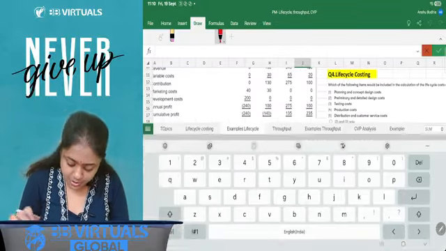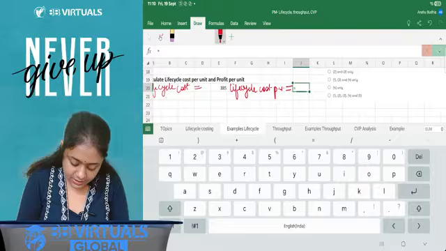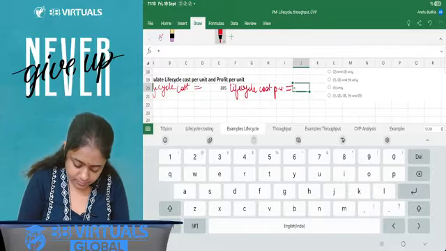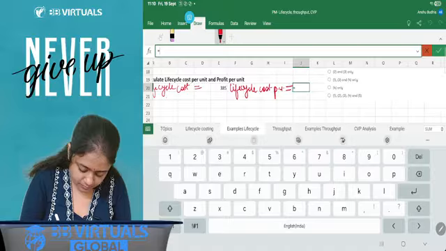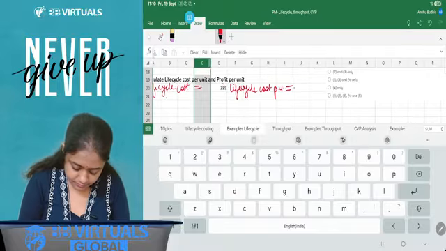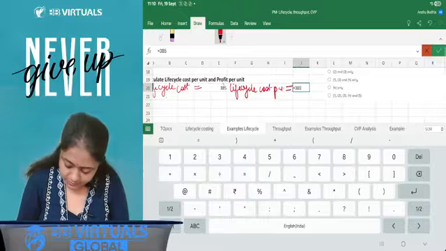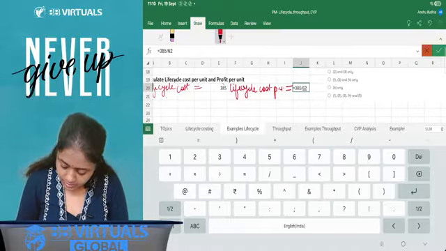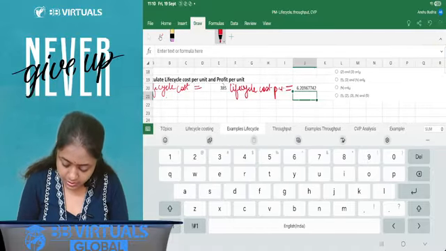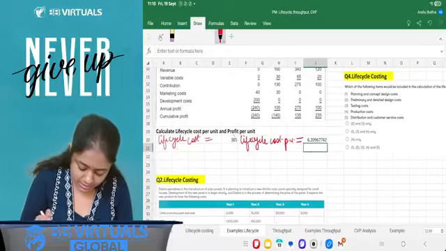So let's get the cost per unit, which will be 385 divided by 62. Right, so we get the cost per unit to be 6.21. Okay, 6.21.